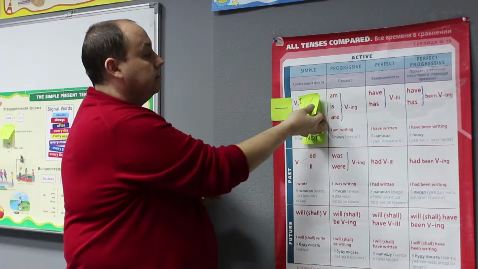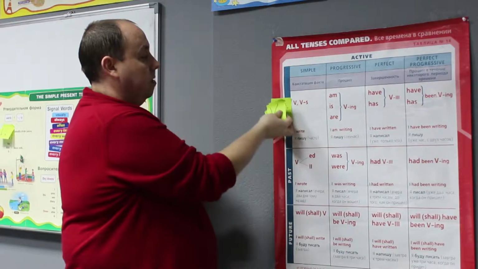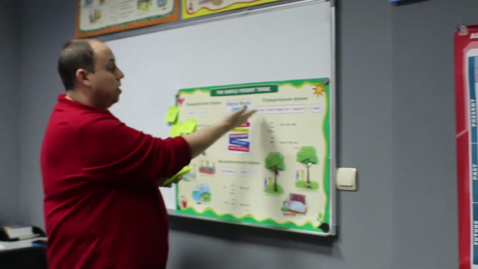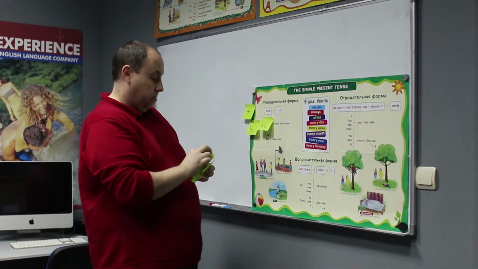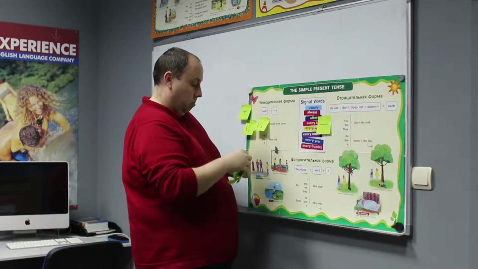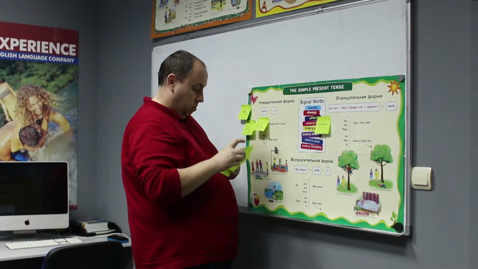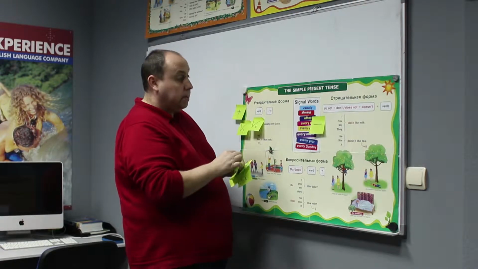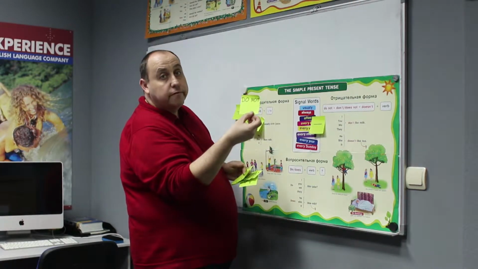Let's take these over to our table. Here we are, the negative. I, you, we, they. The helping verb do not.